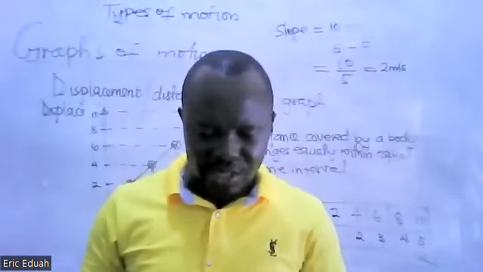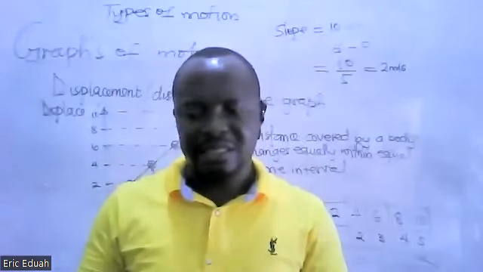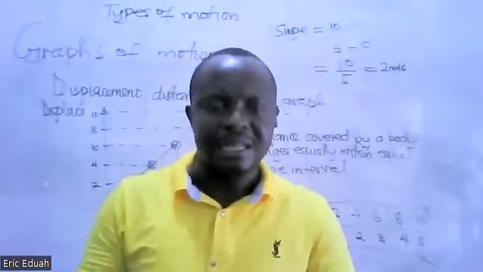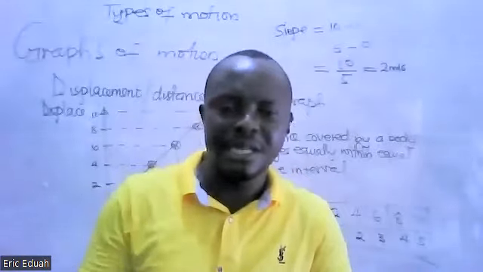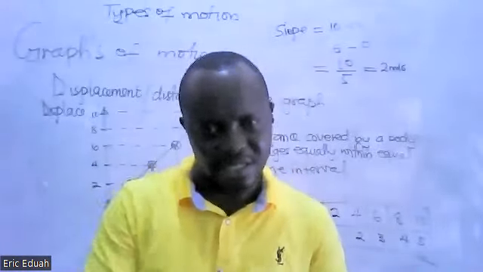A uniform velocity motion is such that a body covers equal distances within equal time intervals.